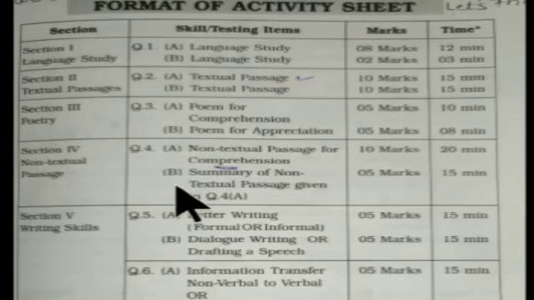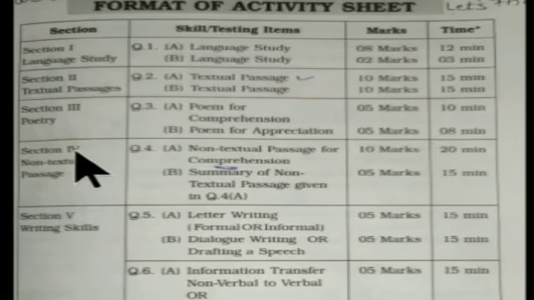Question number 4B is a summary of the non-textual passage given in question number 4A. The non-textual passage given for 4A is the same for question number 4B, summary writing. This question is for 5 marks and you have to attempt it in 15 minutes.